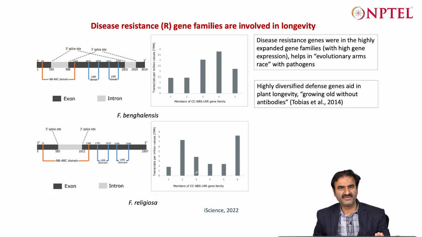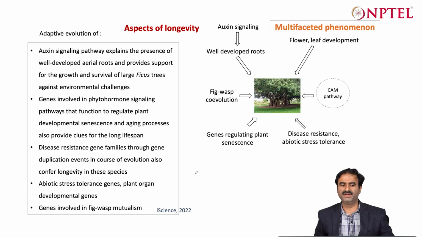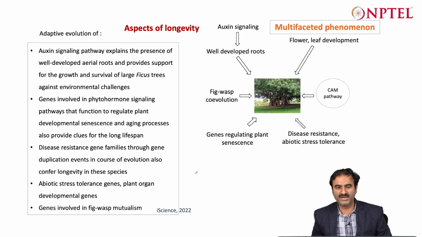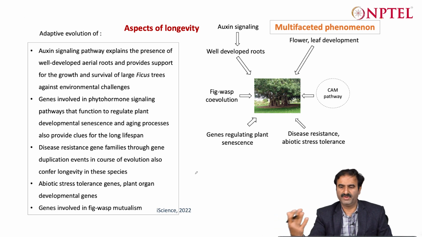Like a disease resistance family could emerge as one of the factors conferring longevity to this genome, and you should present a detailed analysis of what genes were involved in disease resistance and how they could be important, and ultimately make the story for the longevity concept in the case of say banyan or these ficus trees.